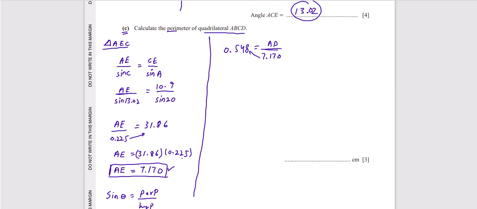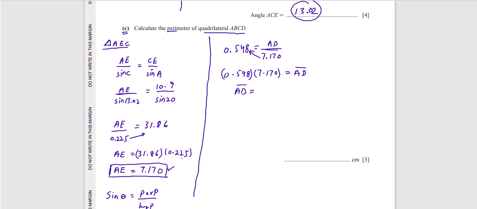This value we multiply on this side, 0.548 multiplied by 7.170 is equal to AD. So multiplying these values, we find the value of AD.